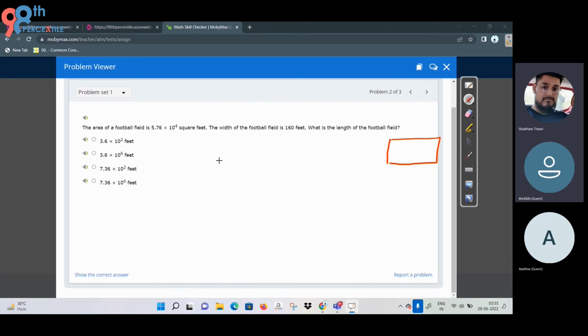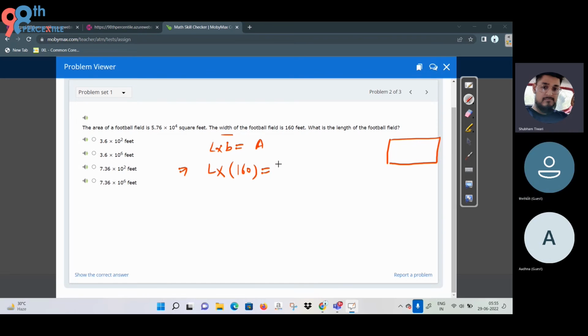Now let's talk about the dimensions. For a rectangle, length times width is how much? The area. I do not know the value of L, but I know the width, which is 160, and it is equal to the area.